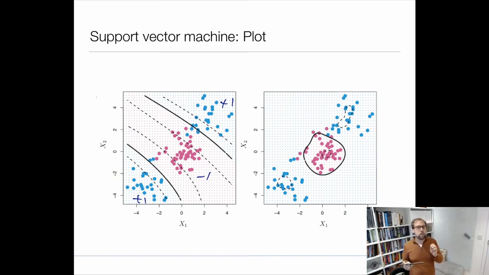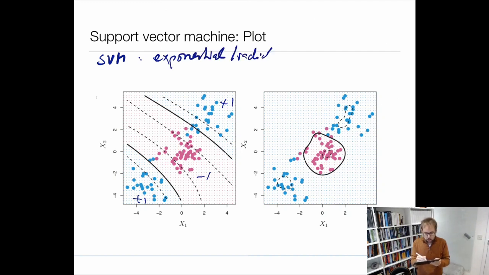The one on the right is also a support vector machine with an exponential kernel, or it's also called the radial kernel. But the one on the right hand side is more flexible. The one on the left hand side is less flexible. This one here has a larger sigma, and this one here has a smaller sigma.